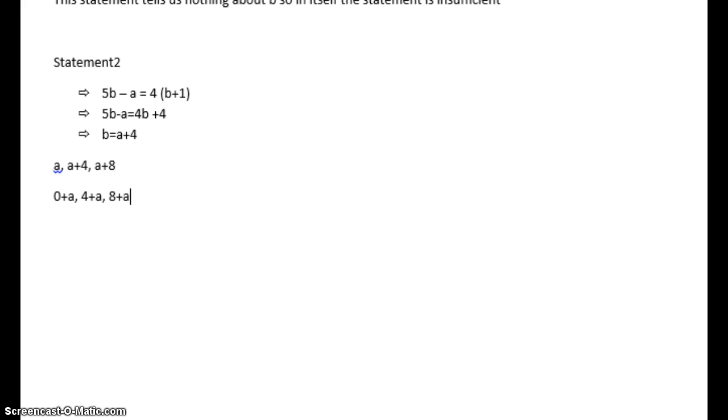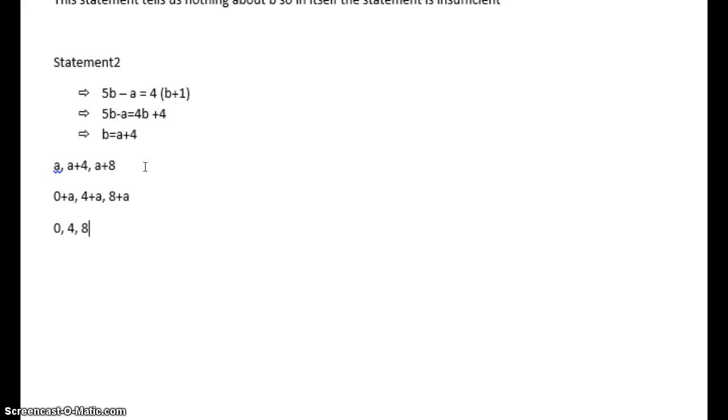That means the standard deviation of 0 plus a, 4 plus a and 8 plus a would be same as the standard deviation of 0, 4 and 8, right? Because we have just subtracted the quantity a. So now we know that we have to compare the standard deviation of 0, 4 and 8 with the standard deviation for 4, 8 and 12.